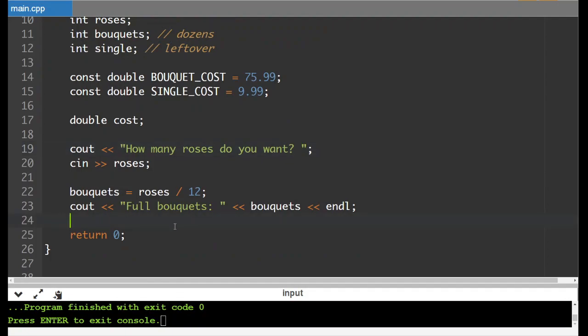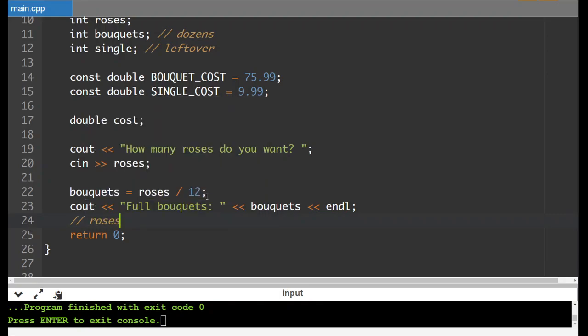Now what I want to do is I want to find out how many are left over. Now what you could do, and don't do this calculation because I want you to demonstrate later that you can use the modulus. But if we wanted, we could expand how many this would be.